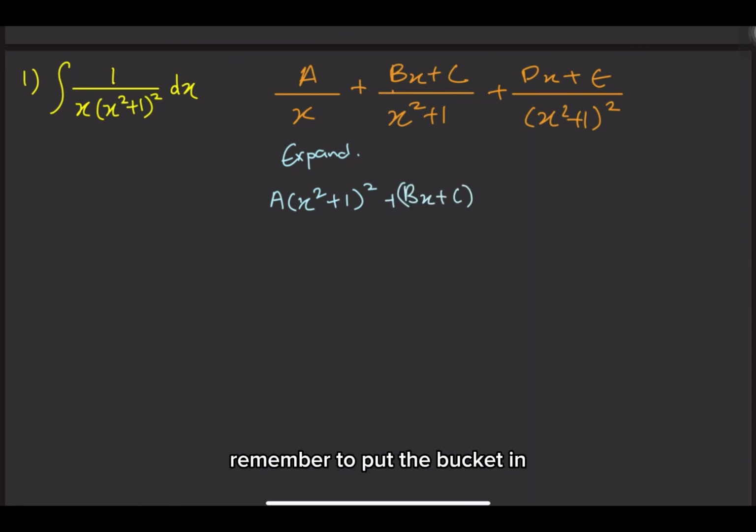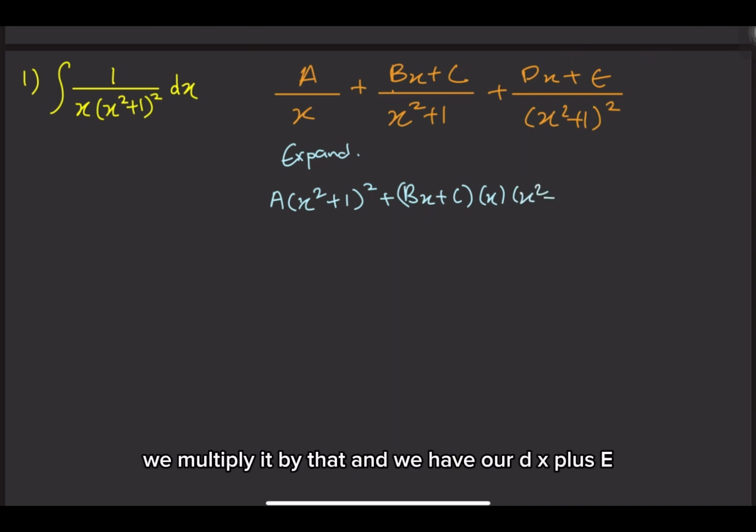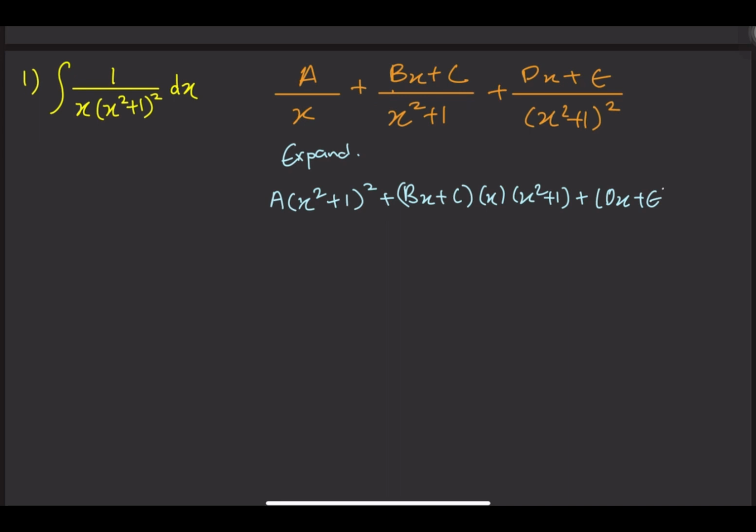Remember to put the brackets in, multiplied by, since we are missing one x and we are missing another x squared plus 1, we multiply it by that, and we have our Dx plus E multiplied by x, since we are missing that. And then continue to expand.